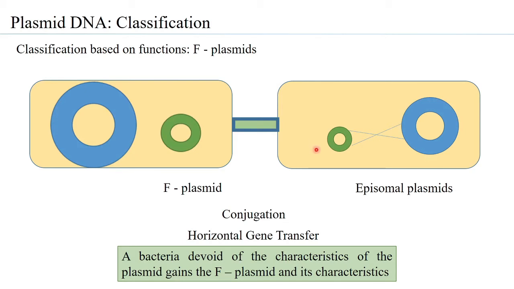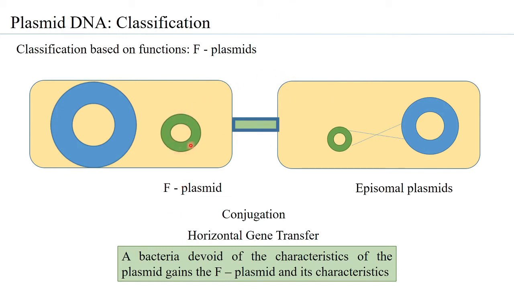But it is not actually sexual reproduction, it is just transfer of DNA from one to the other. However, the term fertility remained, because it was basically transfer of the genes from one bacteria to another, and they considered this a mode of reproduction.